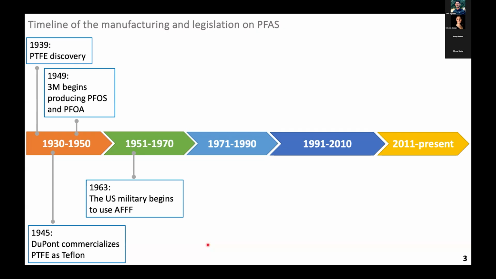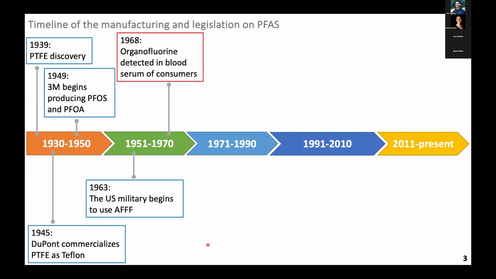And in 1963, the U.S. military began using it, and after a while, they mandated that every military base that had things like jet fuel had to have AFFF around because it was so effective at fighting fires.